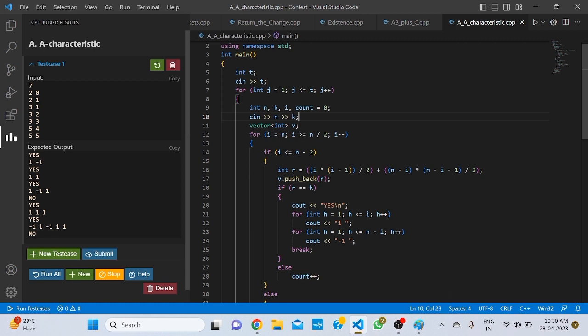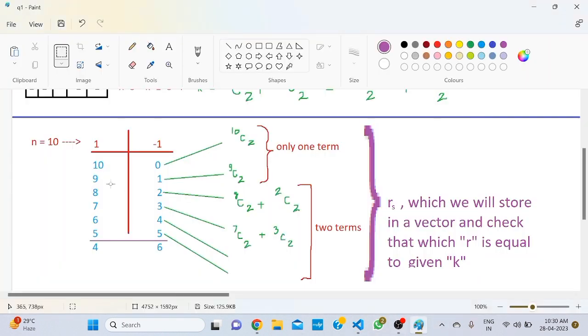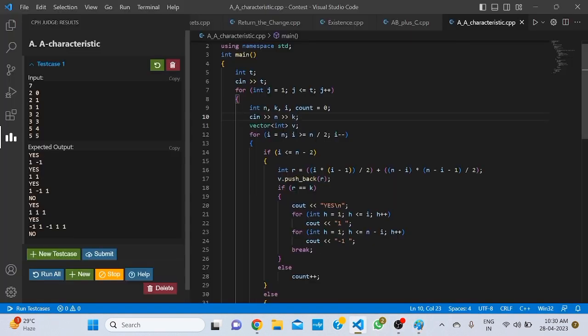Now if i is less than or equal to n minus 2, this one, is equal to n minus 2.